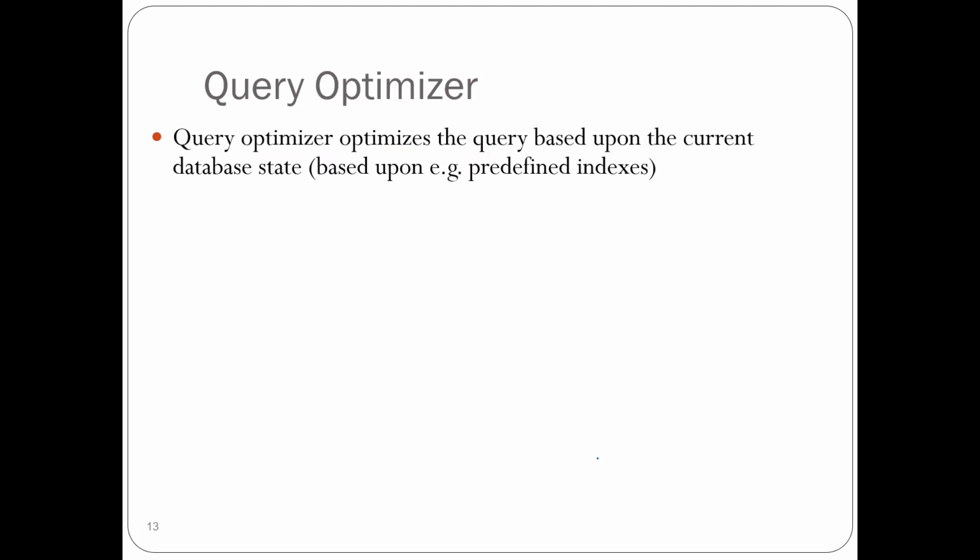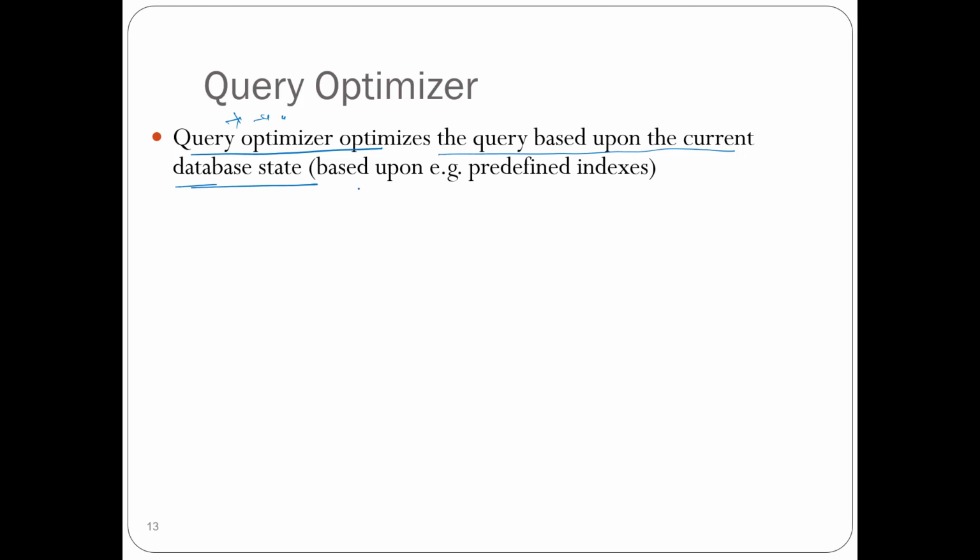Now comes the query optimizer. So what does the query optimizer do? The query optimizer optimizes the query based upon the current database state. Again, I'm overemphasizing this because it is important. The query rewriter doesn't look at the database state in its optimization or rewriting of the query, whereas the query optimizer does look at the database state.